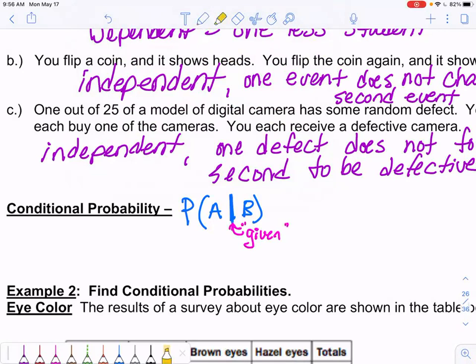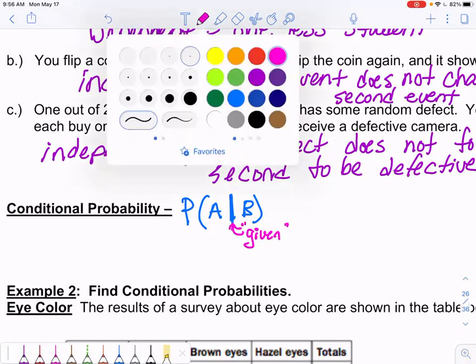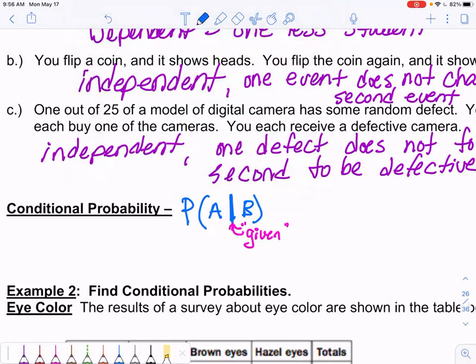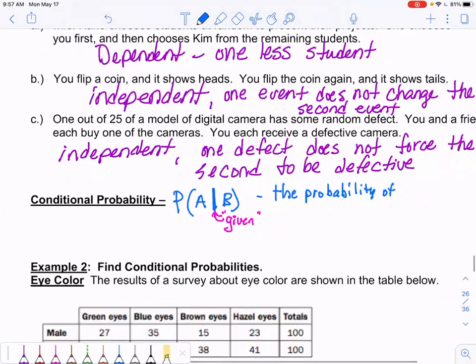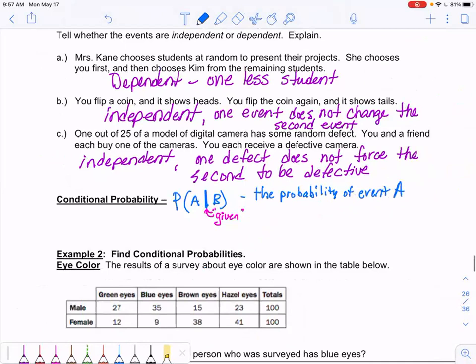And I'll explain this in a second. It'll make complete sense. So this is red. Probability of event A. And this is the big part.